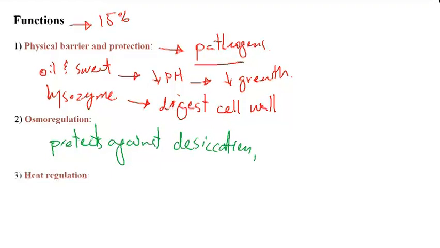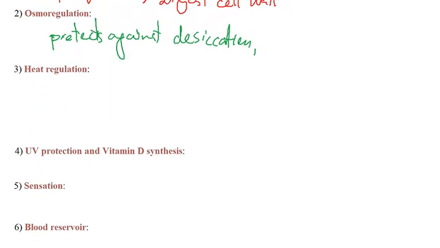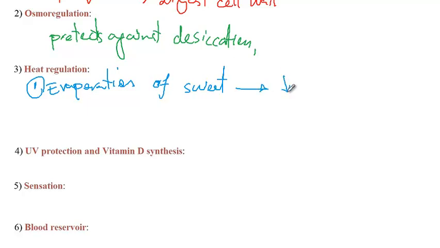The skin is also important for heat regulation. And so one mechanism is by evaporation of sweat from the skin, as a consequence of which it will lower the body temperature. There is also radiant heat loss from dilated vessels.